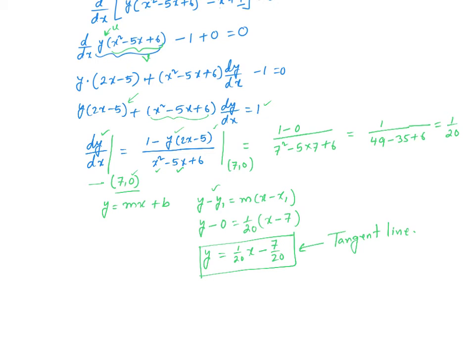So the slope of the perpendicular line is going to be negative 1 divided by 1 over 20, because the slope of the tangent line was 1 over 20. So it's going to be just negative 20 if you simplify it.